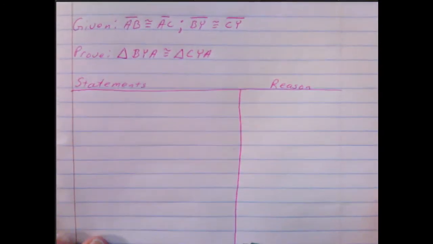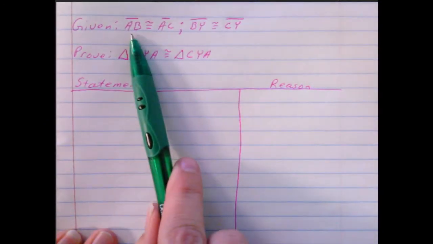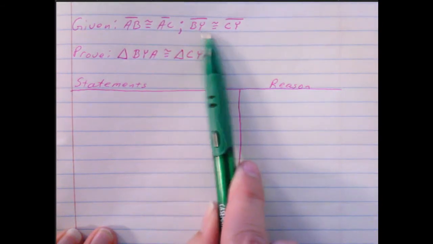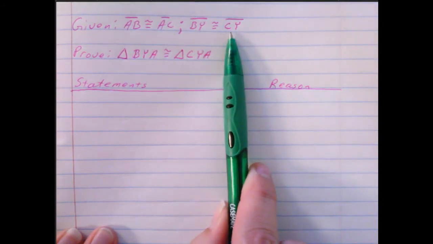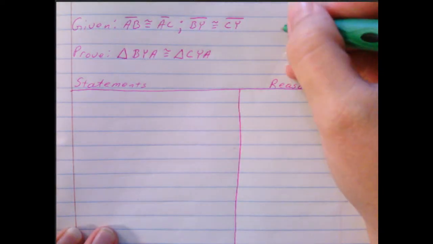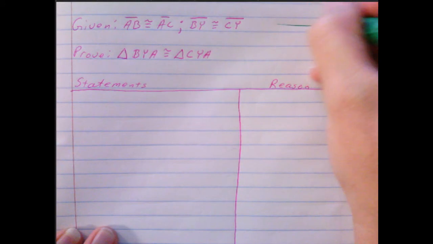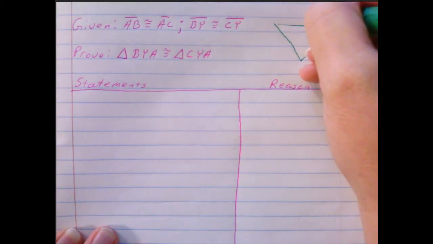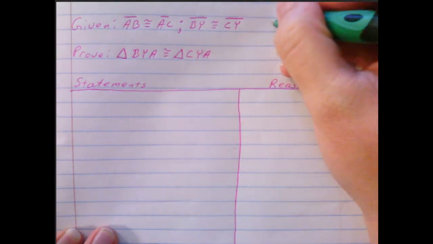So our given tells us segment AB is congruent to AC, and BY is congruent to CY. Okay, and what this actually looks like, we have a triangle, and it's actually cut into two.